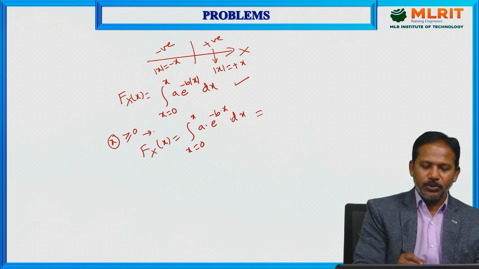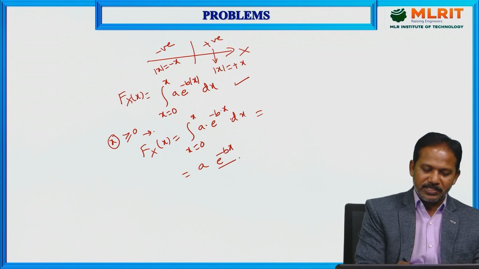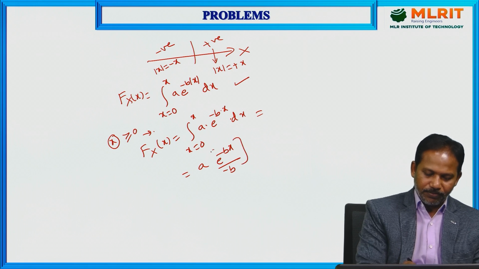So now we can apply the integration for that one, that is a into e power minus bx divided by, applying the differentiation of this total term with respect to x, that is minus b, from x equal to 0 to x.